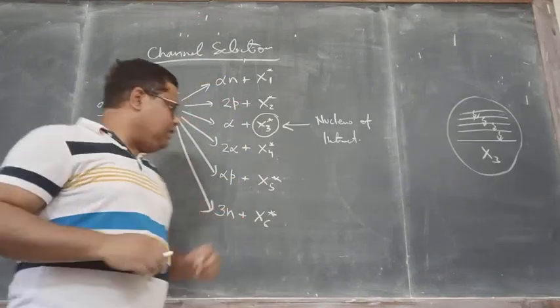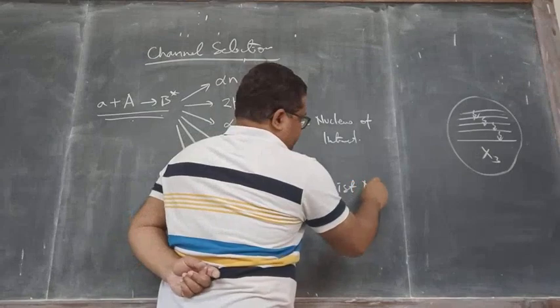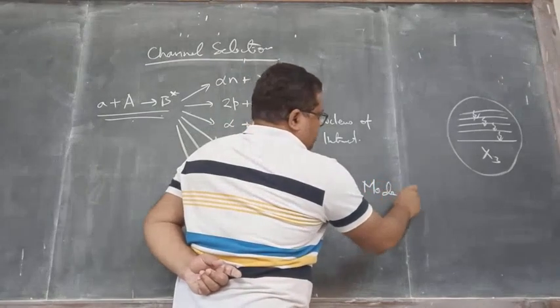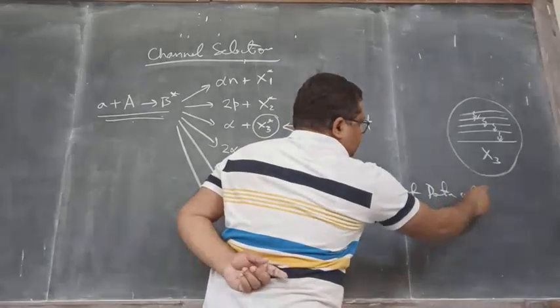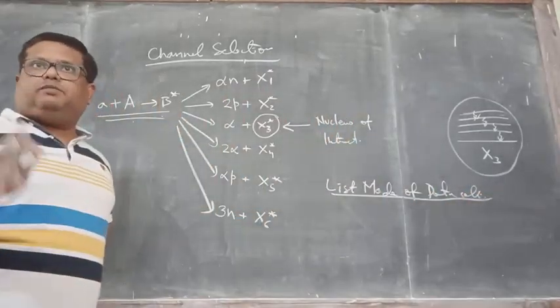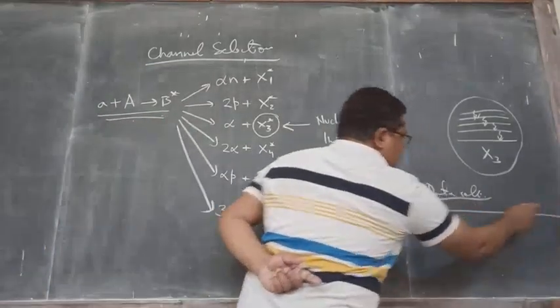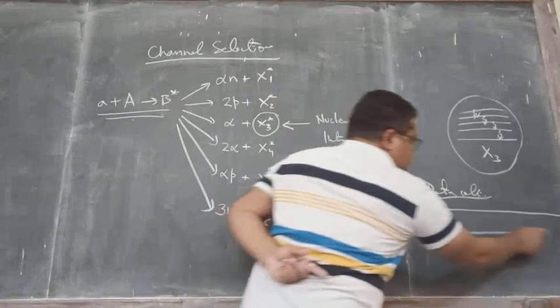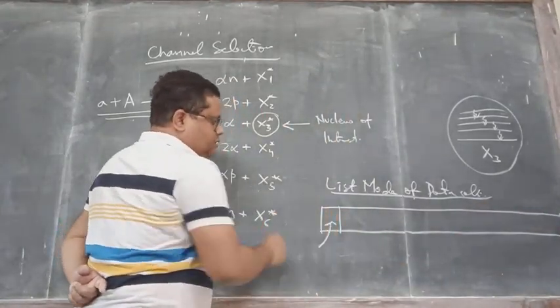In actual experiments, we use list mode of data collection. I am not going to talk about it in detail, but just remember what it is. Basically, this is like a matrix, a single entry matrix, where the first one is the timestamp.